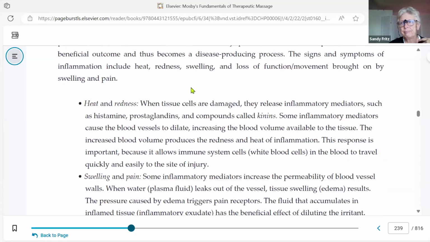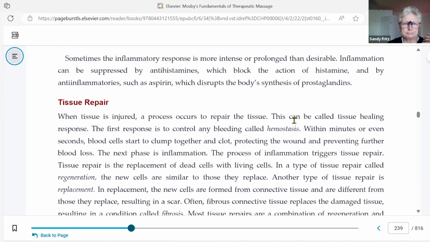And so managing the inflammatory response so that it is appropriate, and supporting it when it is productive in the acute phase, is important, but also what are the lifestyle changes? Where does massage fit in with that?